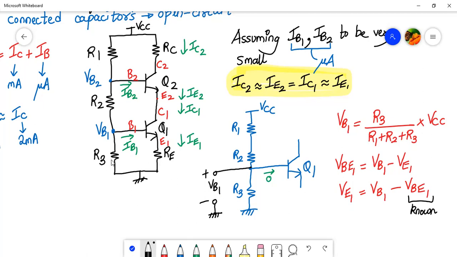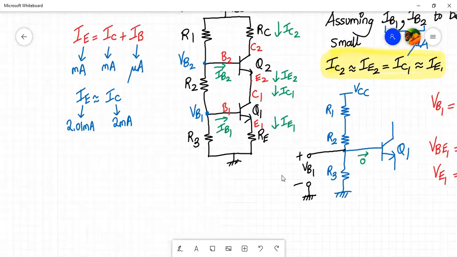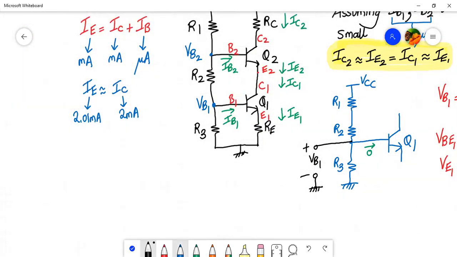Next, we will calculate the value of VB2. For that also we'll draw a separate diagram. Let us say this is my transistor Q2. I'm not interested in what is connected at the collector and the emitter. I'm more interested in what is connected at the base terminal.